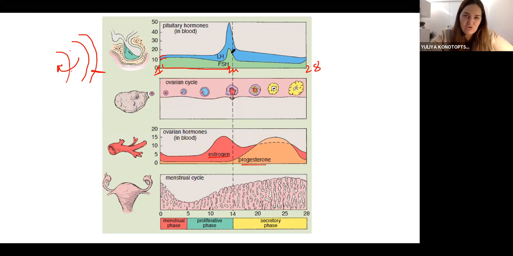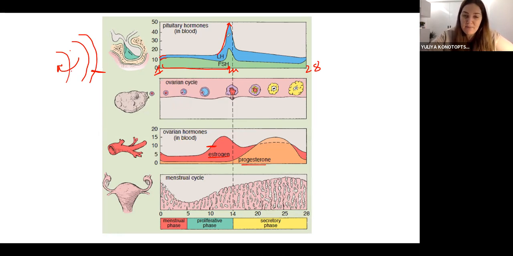So why does LH actually surge? Because estrogen is there, because estrogen passes its threshold accumulation, do you see? So we have so much estrogen that there is actually a reaction between estrogen and LH. In order for you to have the LH surge, your estrogen should pass the threshold, it should pass its normal concentration. You should have a lot of it.